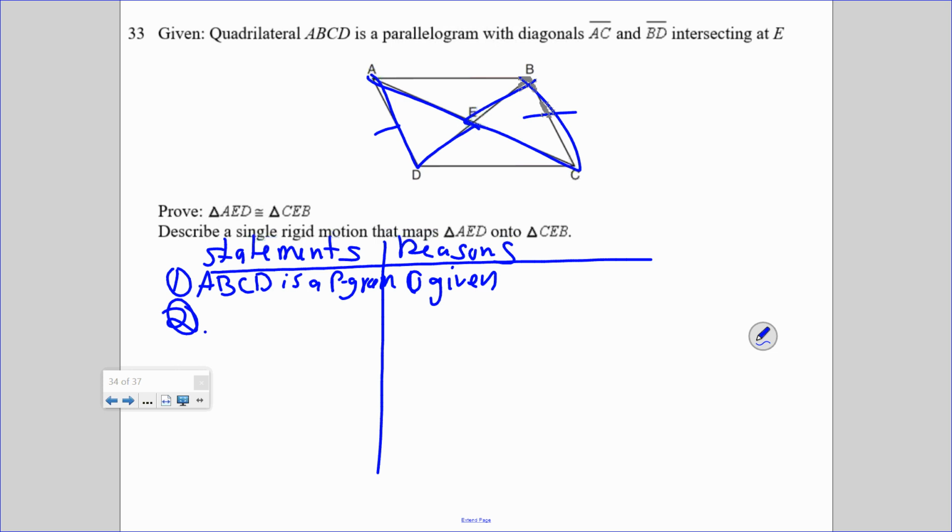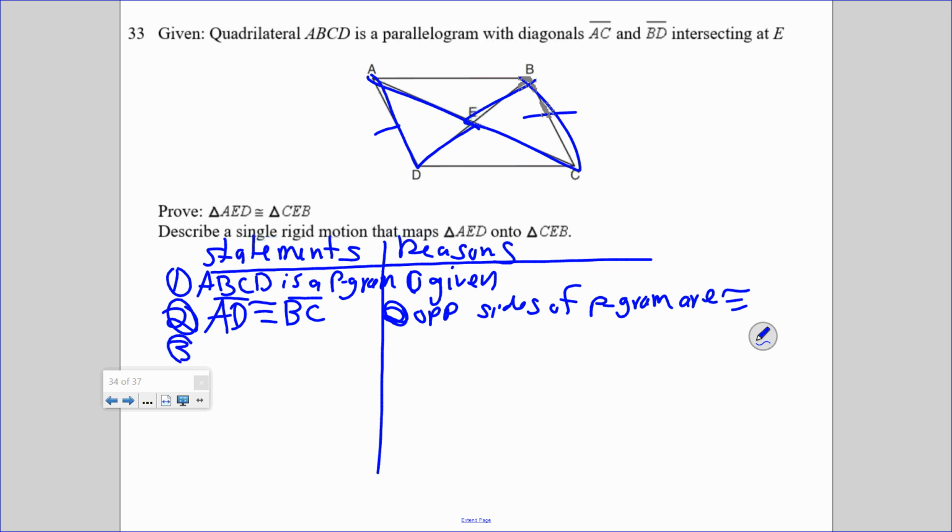AD is congruent to BC, because opposite sides of a parallelogram are congruent. I would then do diagonals bisect each other.